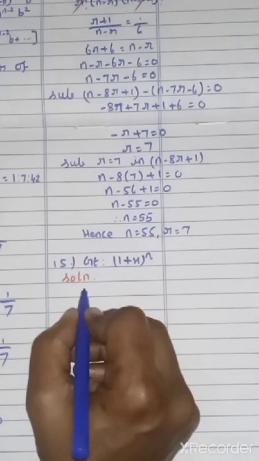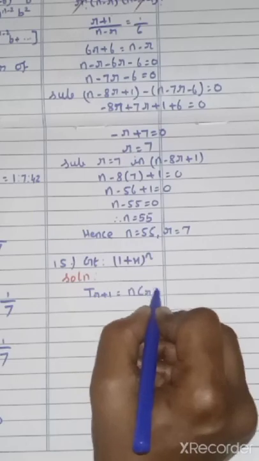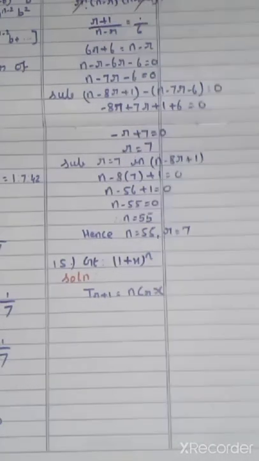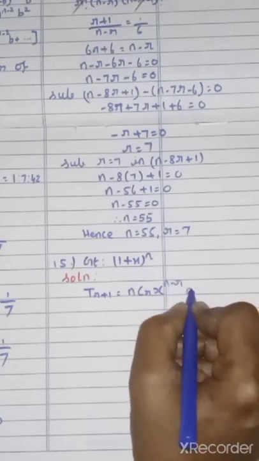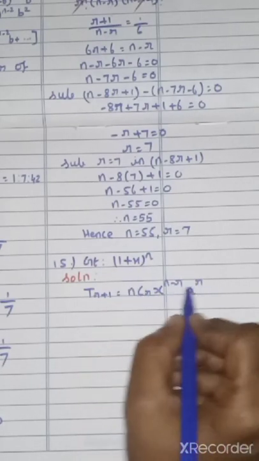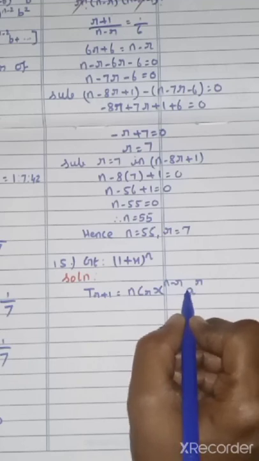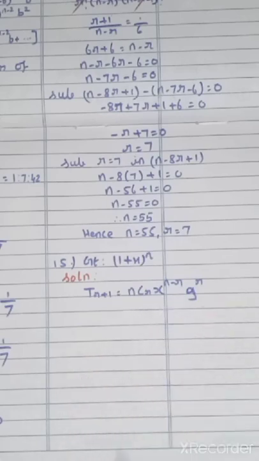So what is your T(r+1) formula? nCr x power n minus r, y power r. Here x is 1 and y is x.